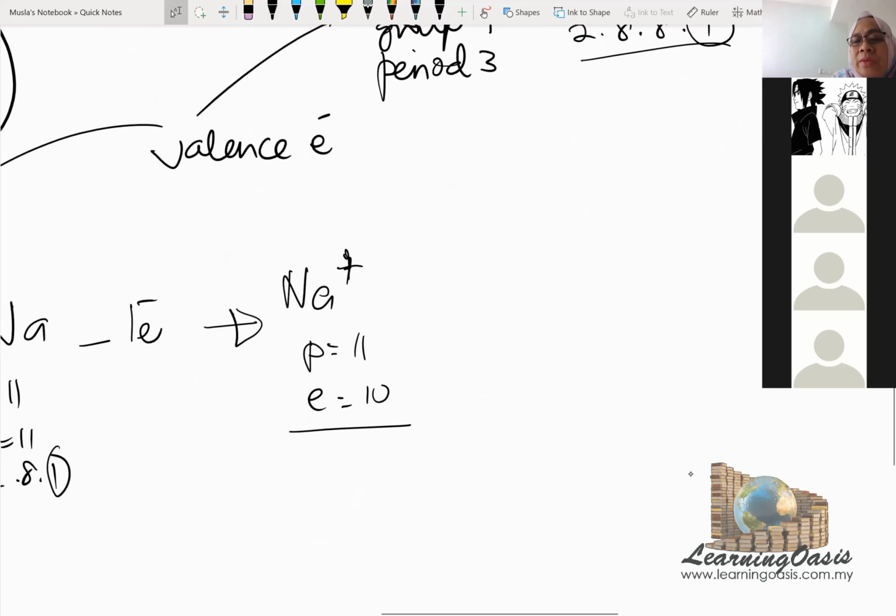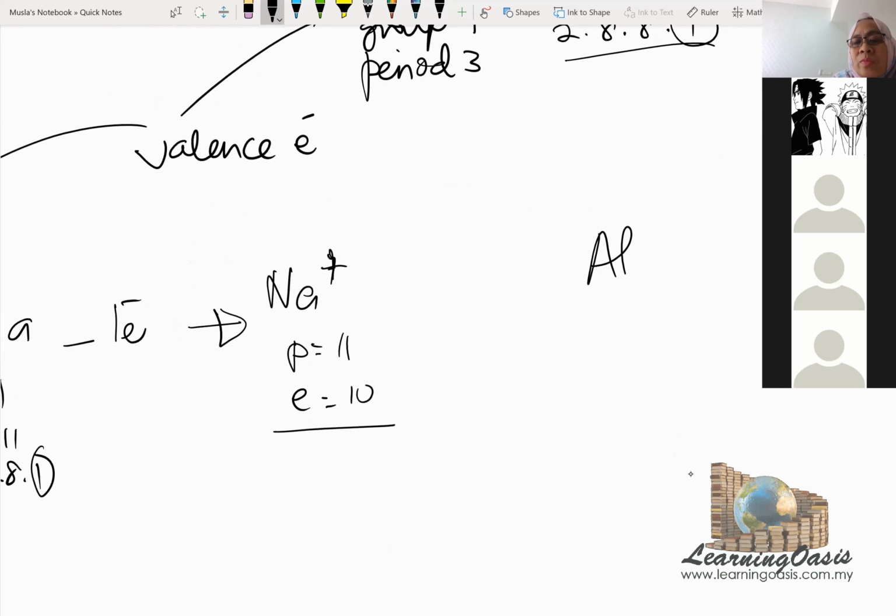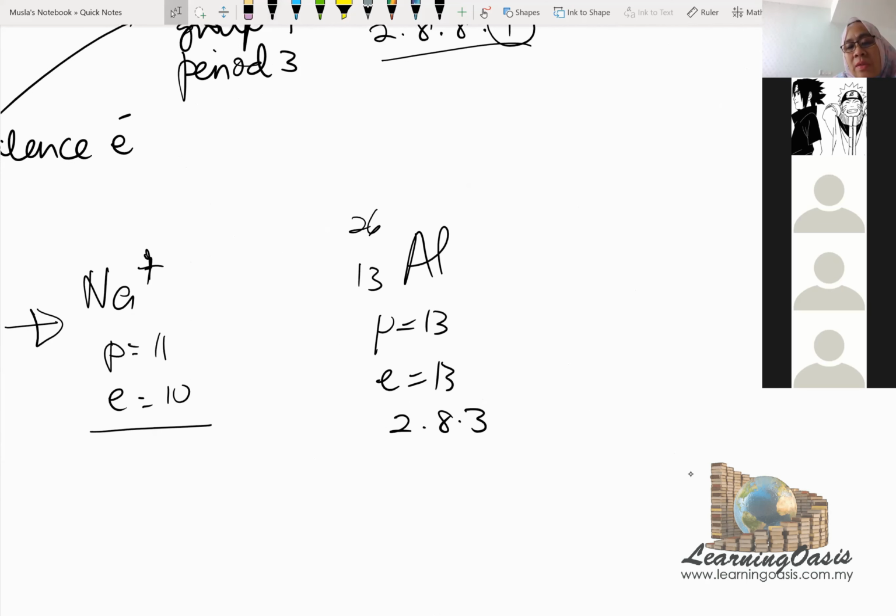Or if I give you aluminium, 27, 13. So proton is 13, electron is 13, and the configuration is 2, 8, 3. Asna, how does aluminium achieve octet stability? Asna is not there? Okay. So Balkis, how does aluminium achieve octet stability?